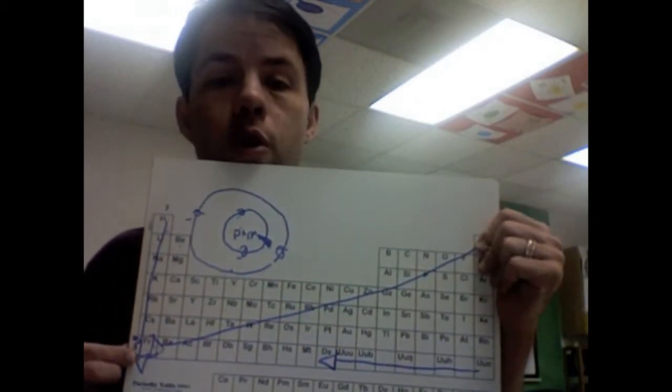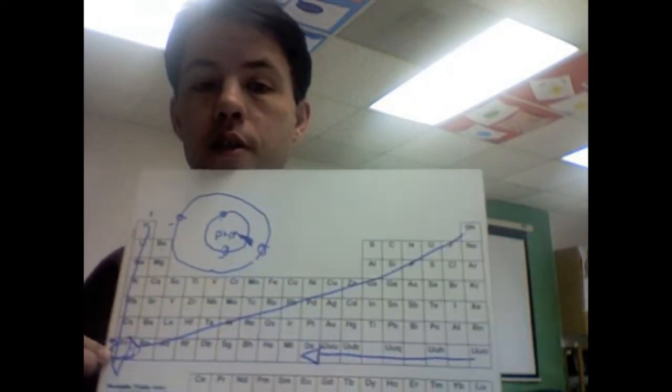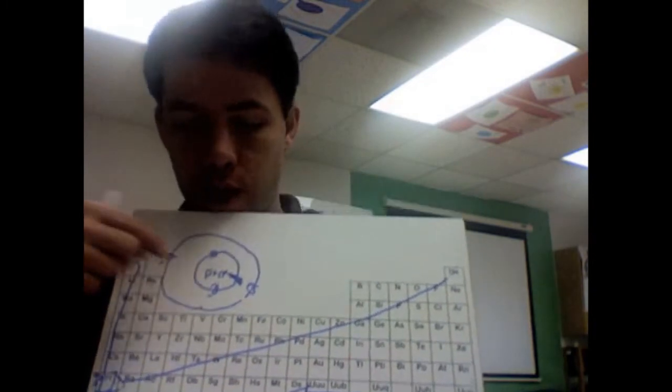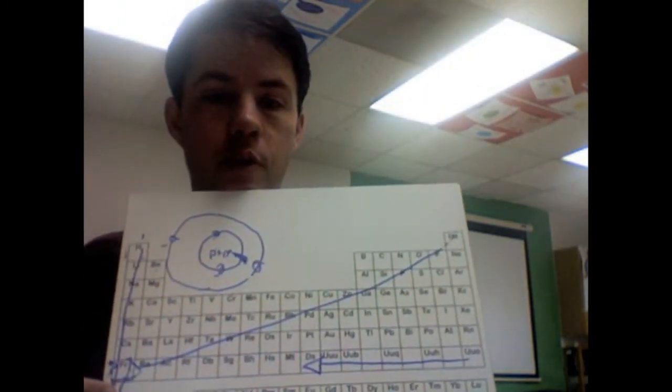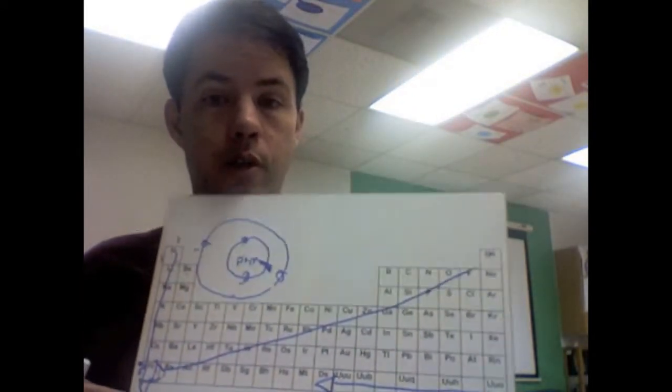Now, in order to shorten and simplify this, and you have to understand this is a simplification, I've taken my arrow and drawn it from helium, because it is the smallest atom, down to francium, because in general, going from over here down to here, the atoms get bigger.